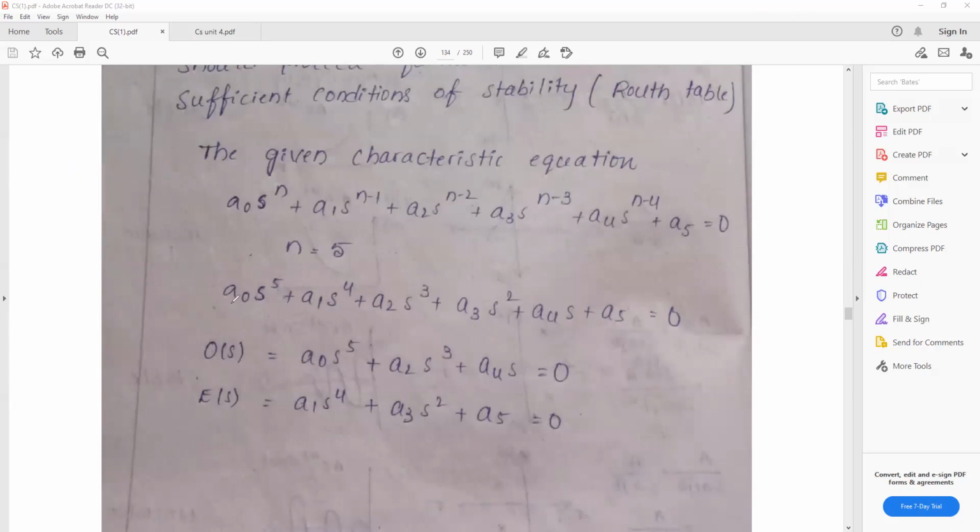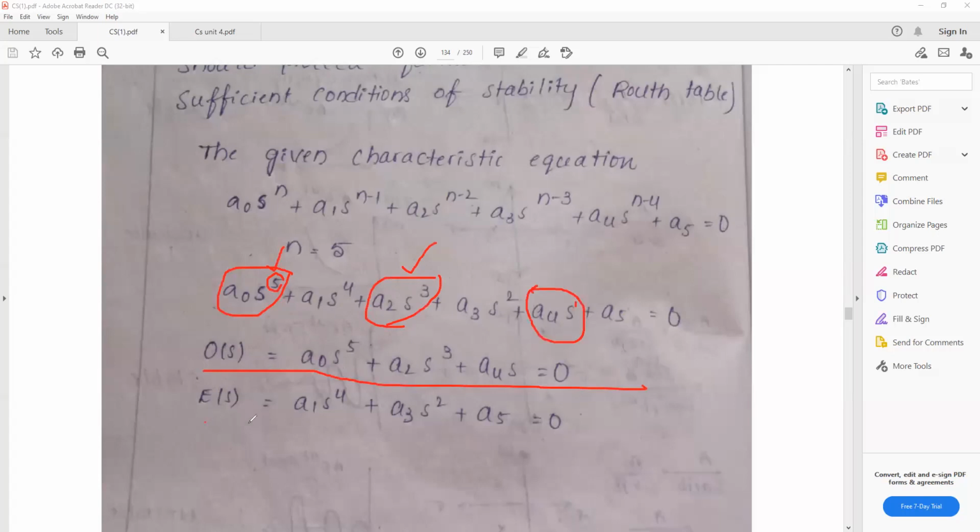First, separate the odd-numbered coefficients. Here 5 is an odd number. So the odd series is a naught s power 5, a2 s power 3 plus a4 s power 1.